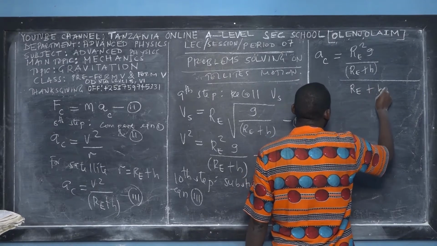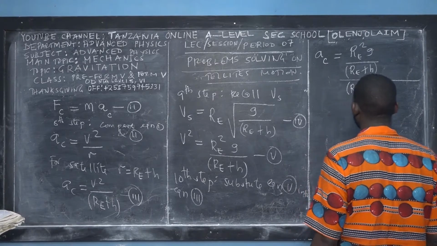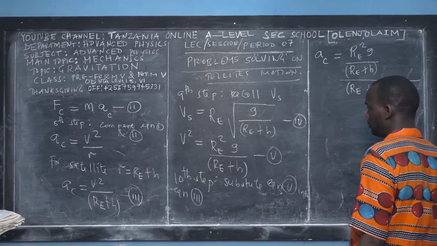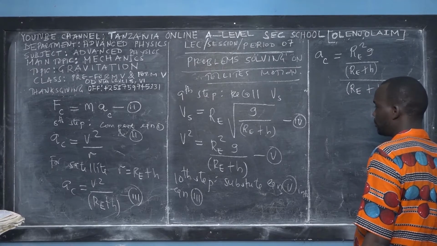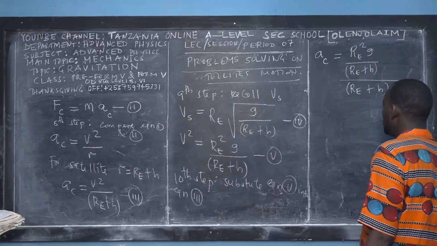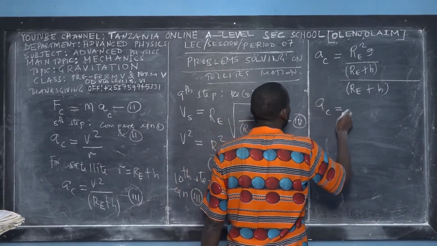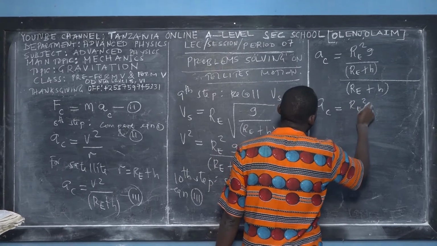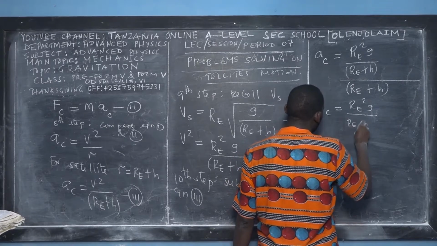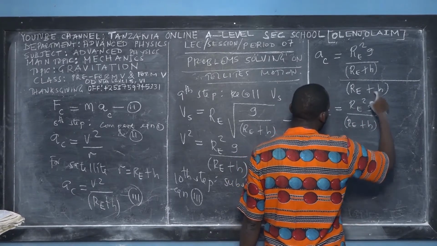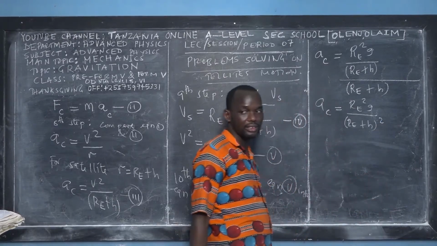Radius of the Earth plus the height h. So v square, square of that one. Okay. So centripetal acceleration is equal to radius of the Earth squared g over radius of the Earth plus h, divided by this over 1, which will be squared if you do that division.